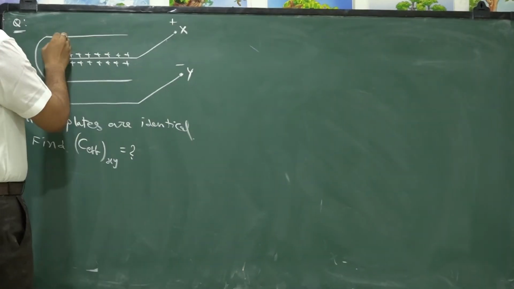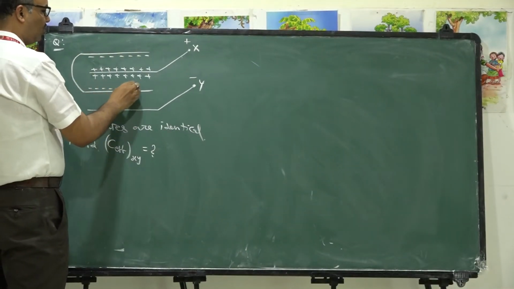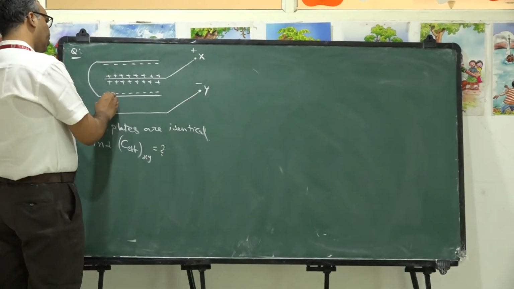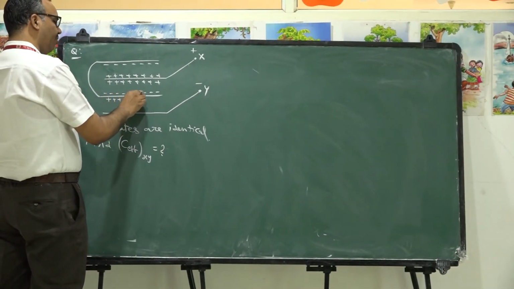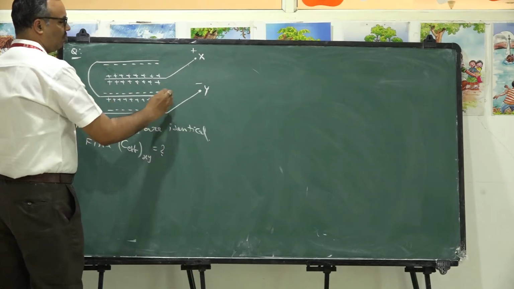So due to this positive charge, negative charge is induced here. As it is connected to this plate, here you will get negative charge. Due to this negative charge, some positive charge is induced over here. Already this plate is given negative charge.